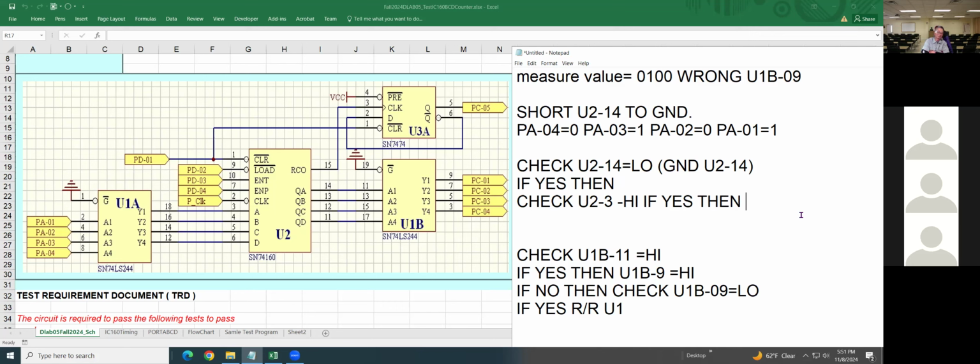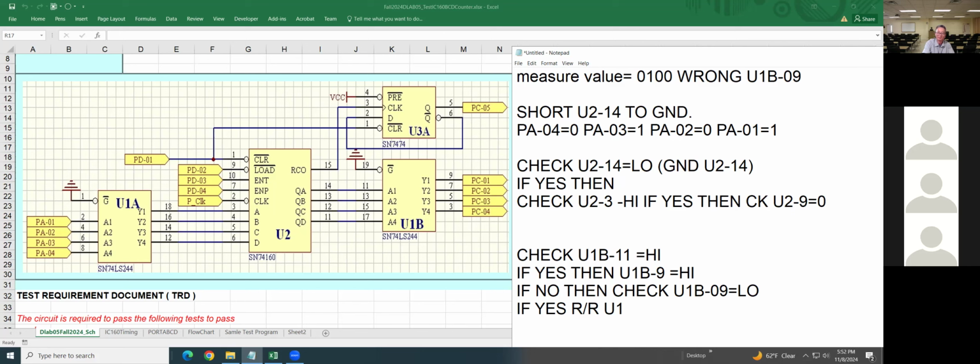You check pin 9. Yeah, that's what I was thinking. Pin 9, exactly. You have to make sure they load it, right? Then you have to say check. Okay, pin 9 equals 0.